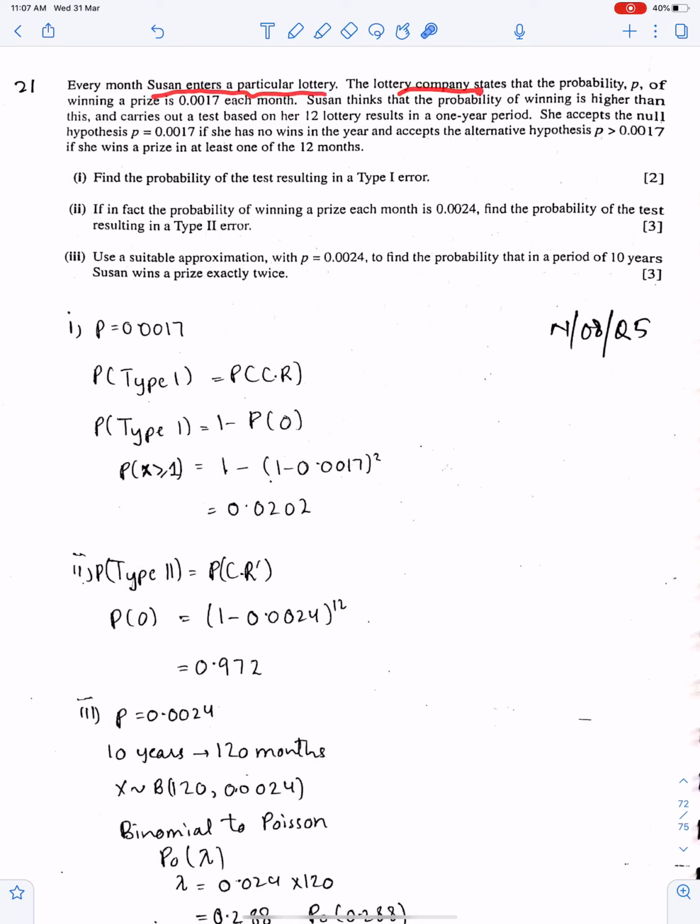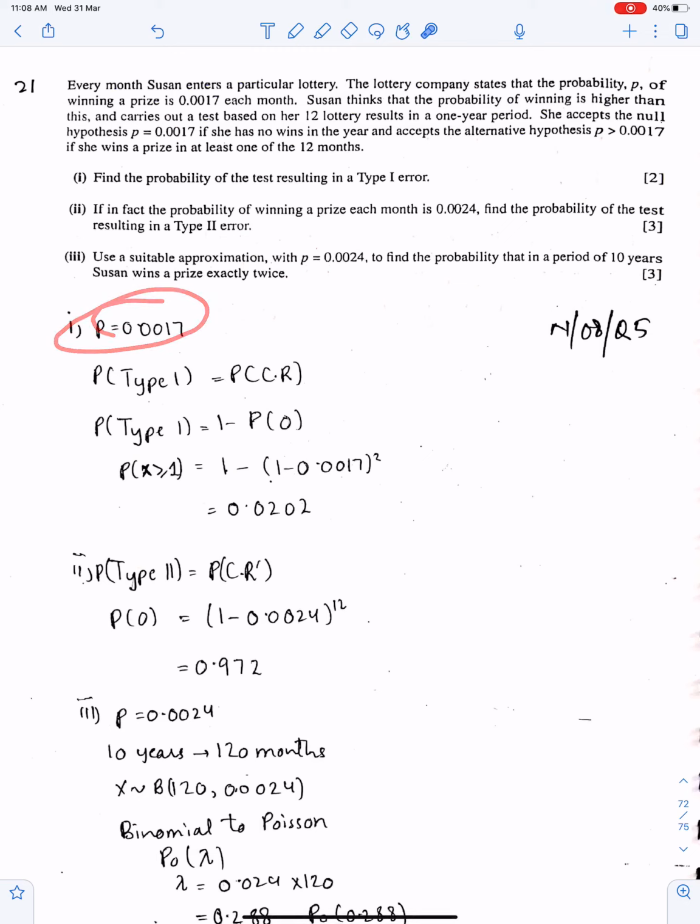The lottery company states that the probability p of winning a prize is this per month. Susan thinks that the probability is higher than this, meaning H1 has a greater-than sign. 12 lotteries, this is n. She accepts the null hypothesis if she has no wins in the year, and accepts the alternative hypothesis if she wins a prize in at least one of the 12 months.